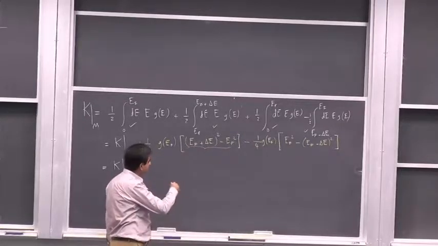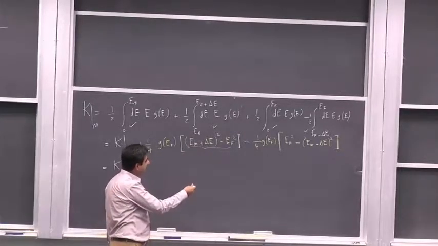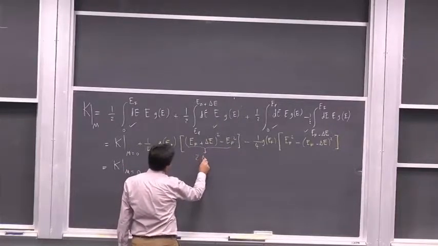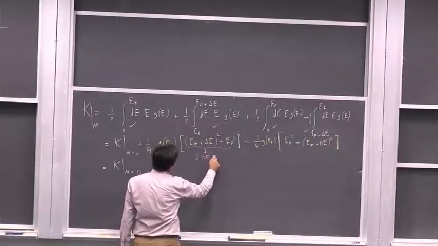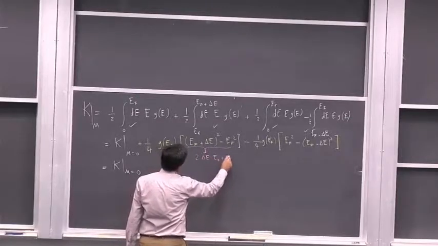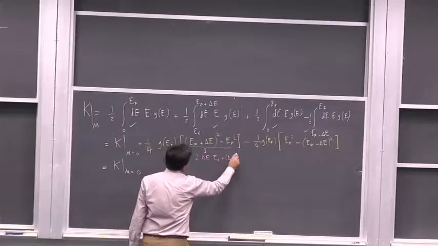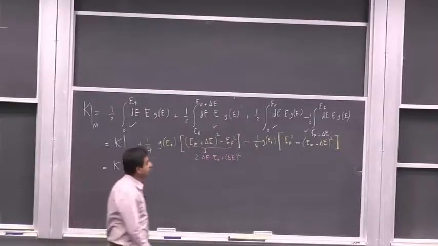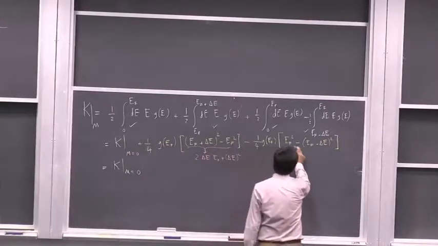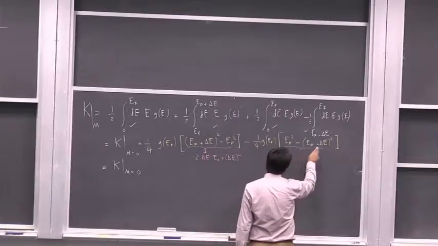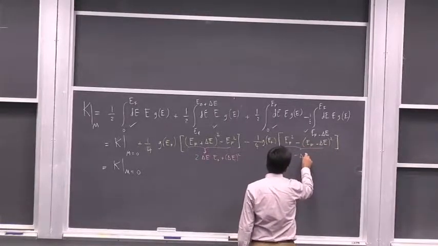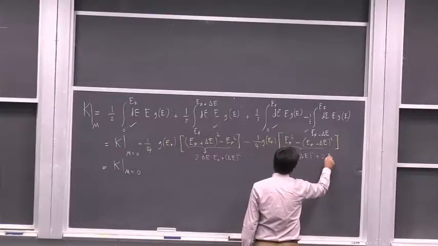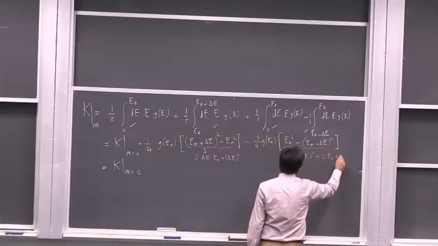I will get 2 EF delta E, so this expansion is going to be 2 delta E EF plus delta E squared. This term is going to be minus delta E squared plus 2 EF delta E.